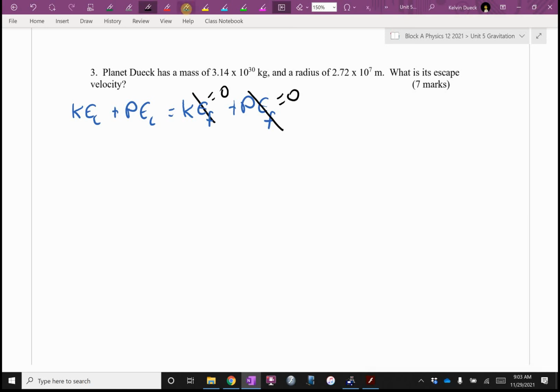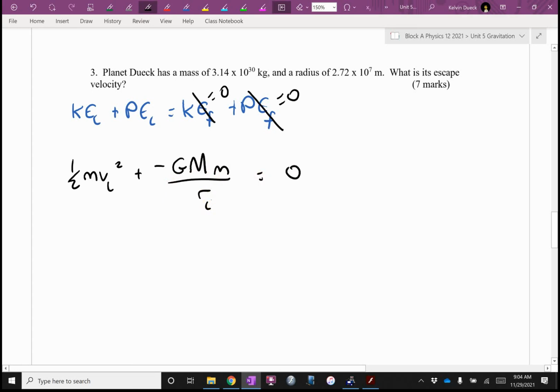So we get this. A half m v initial squared plus negative big G, big M, little m, all over R initial equals 0. Or I typically wrote this as a half little m v initial squared equals big G, big M, little m over R initial.